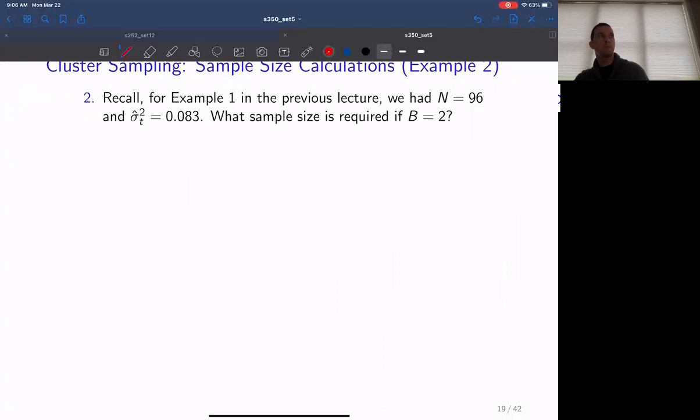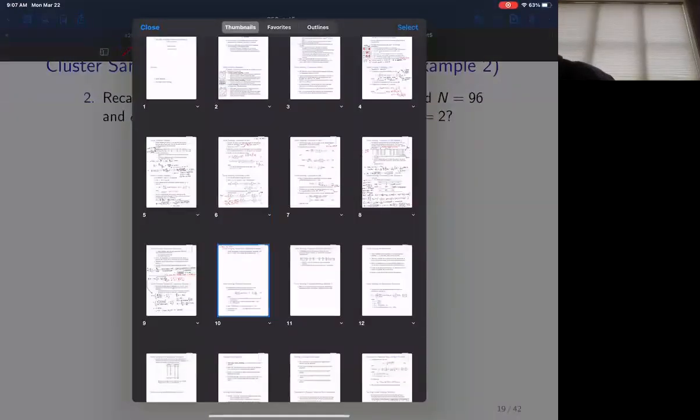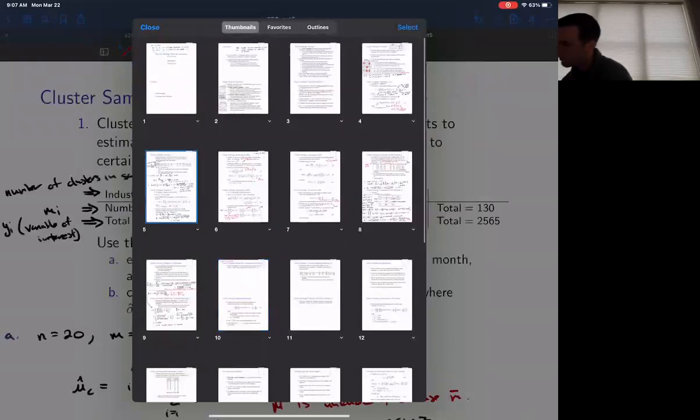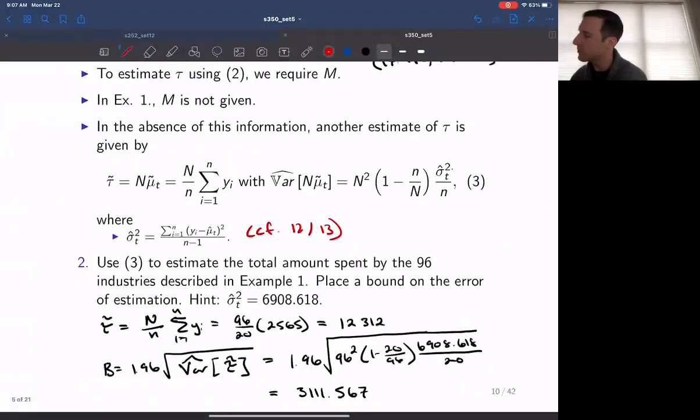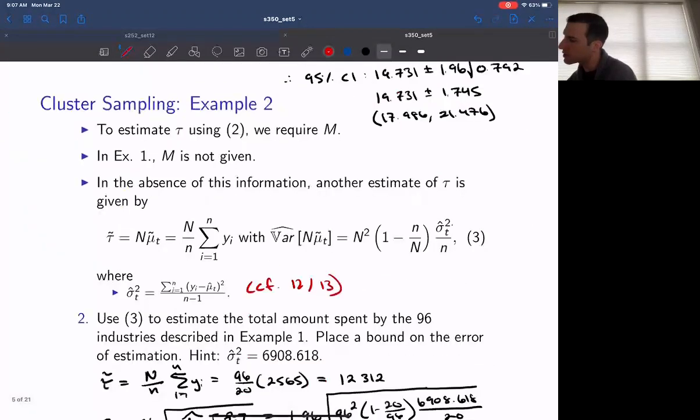So in this illustration, we're using the formula given in equation 3 here. So we want to estimate the total.